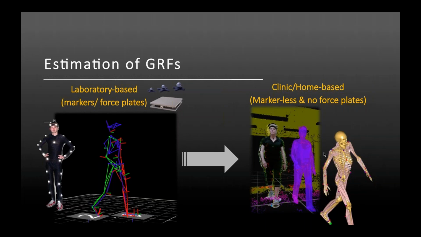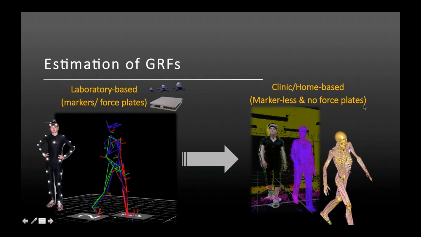So the whole point, the driving force of this work, is that if we can combine a markerless motion capture alternative with a way to estimate the ground reaction forces, then we can go from this on the left-hand side, lab-based motion capture, where you need markers and force plates, to this, which is basically clinic or home-based assessment, where we don't need markers, we don't need force plates.